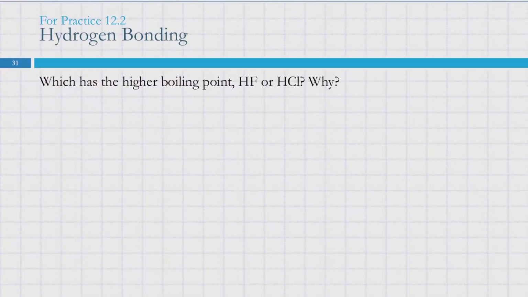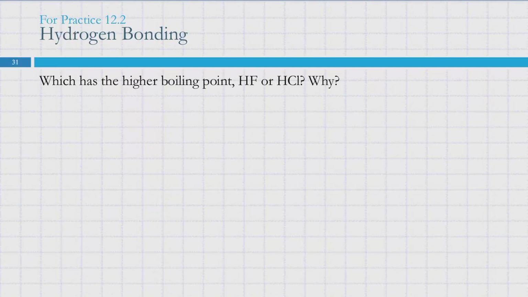If you had to choose one of these two to have a higher boiling point, just as a guess, HF or HCl, which do you think it would be? Yeah, it's HF. HF has hydrogen bonding.